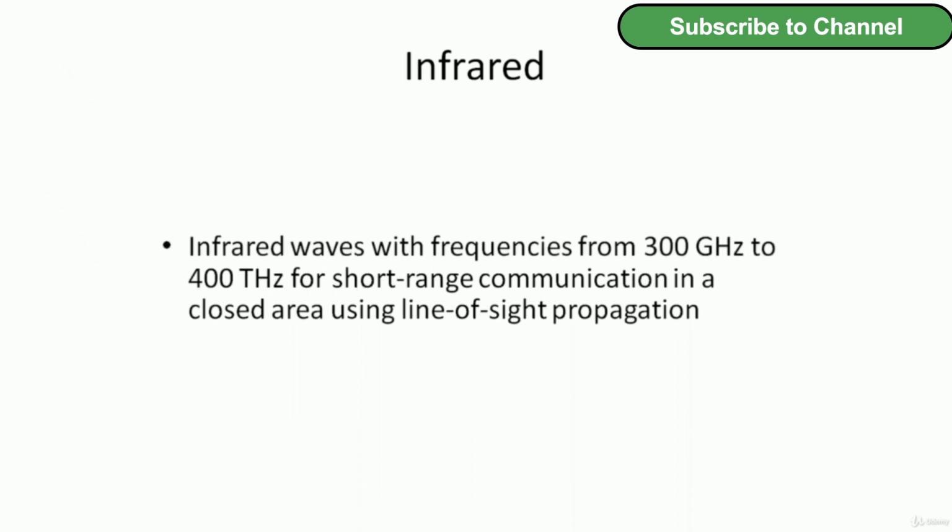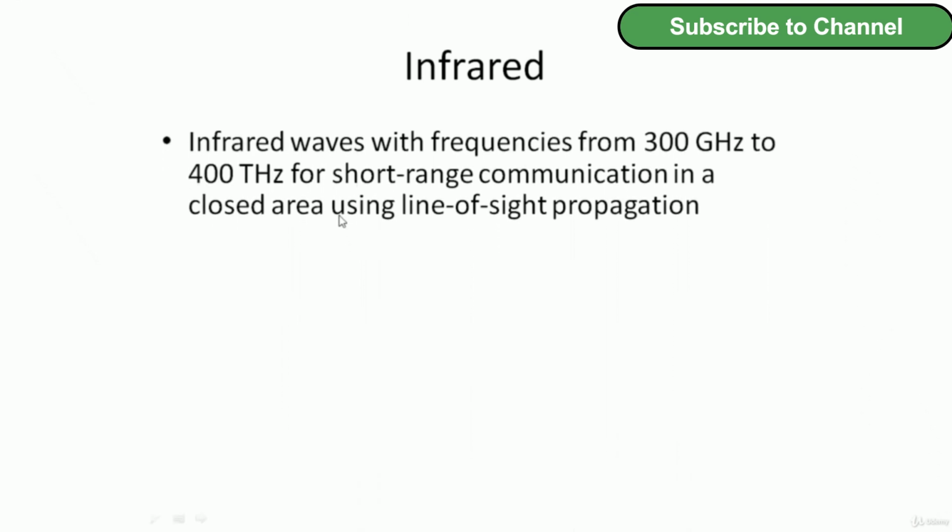Then infrared, IR. Infrared waves have frequencies from 300 gigahertz to 400 terahertz, used for short range communication in a closed area using line of sight communication.